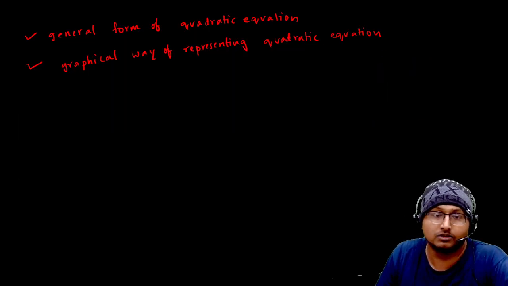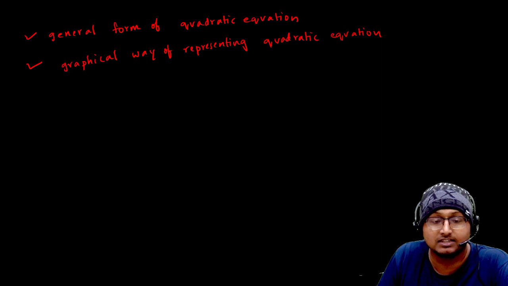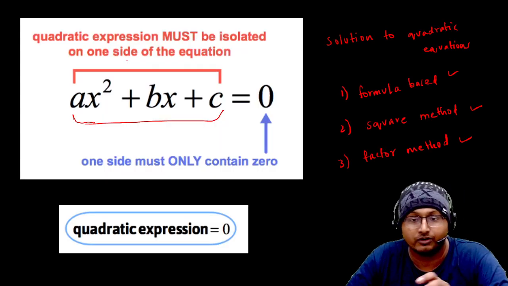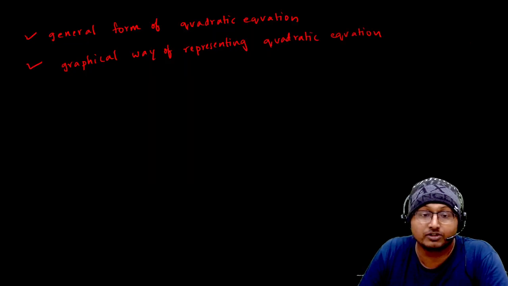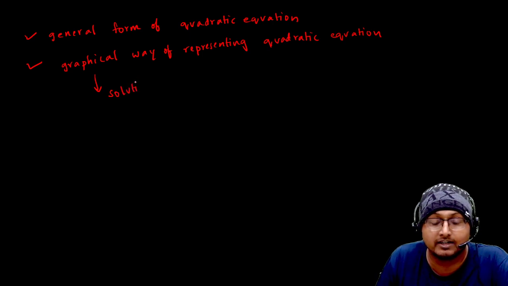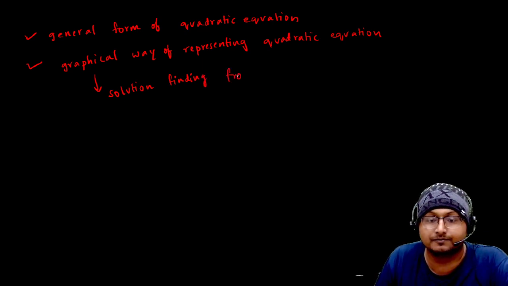So till here we have discussed the general form of a quadratic equation, what that equation represents, and also how to find the solution from the graph.